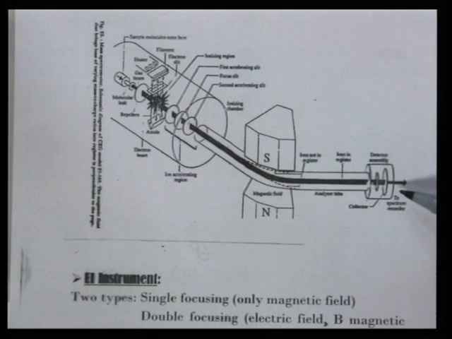This is the ion collector. Mainly this instrument consists of three parts: the ion source, then the analyzer tube, and the ion collector. In this analyzer tube, there is a magnetic field perpendicular to the plane of this paper, and all the fragment ions produced are accelerated through this analyzer tube.